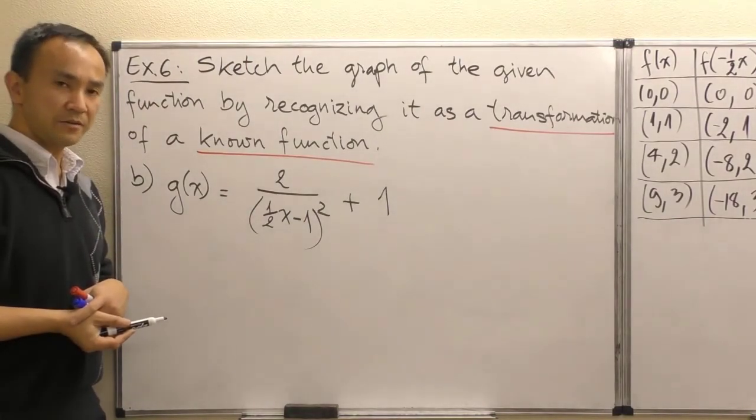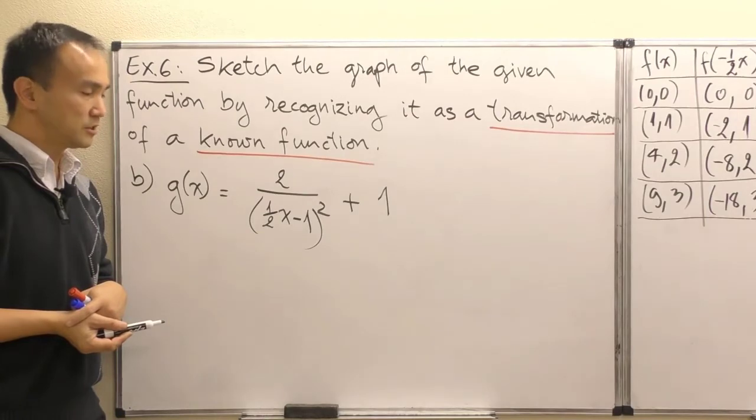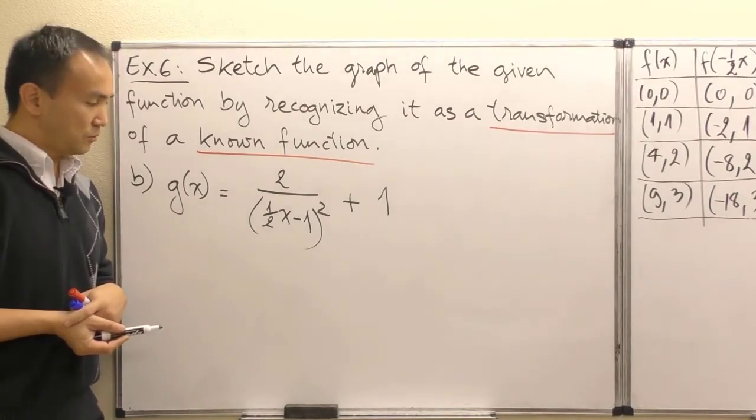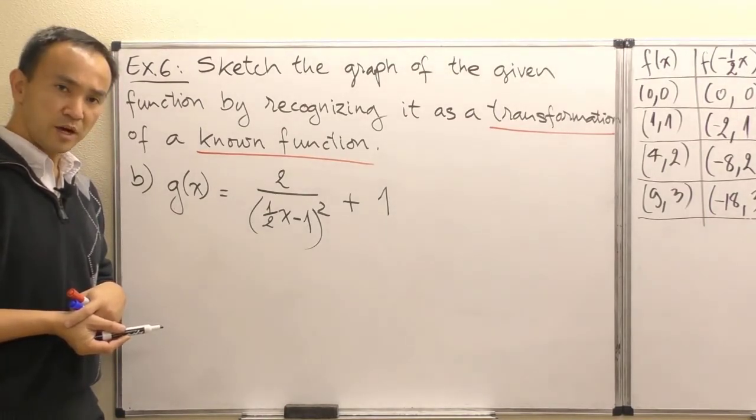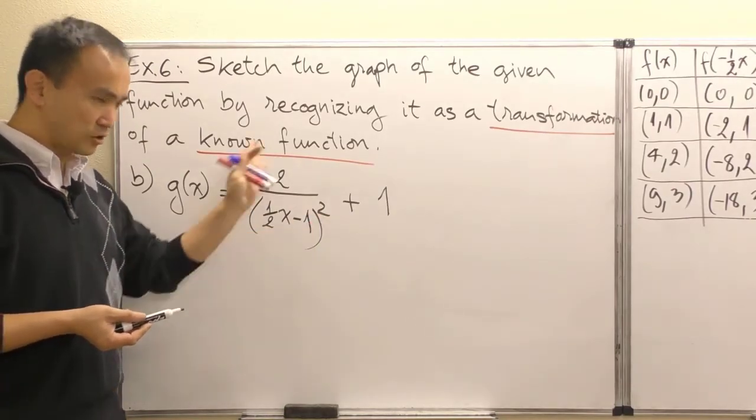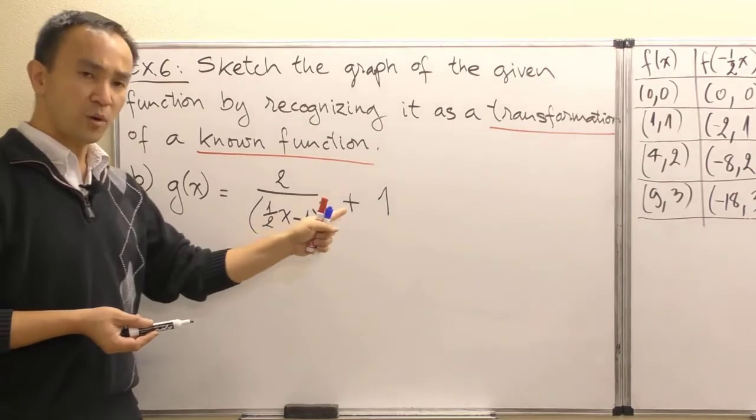It's a very complicated looking problem. 2 over 1/2 x minus 1 all squared, and then plus 1. So the square here belongs to the fraction. The plus 1 is after the fraction.